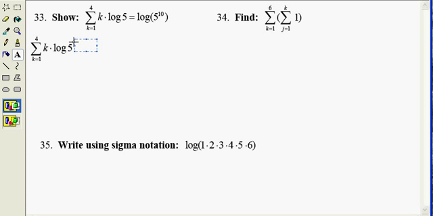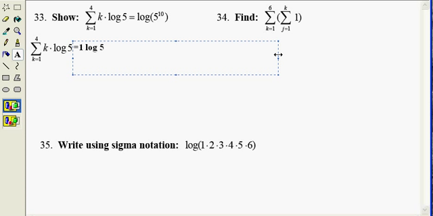How about that? So this equals, the first summand has a 1 in for k, so 1 log 5. Stretch out my box slightly. Plus 2 log 5 plus 3 log 5 plus 4 log 5.